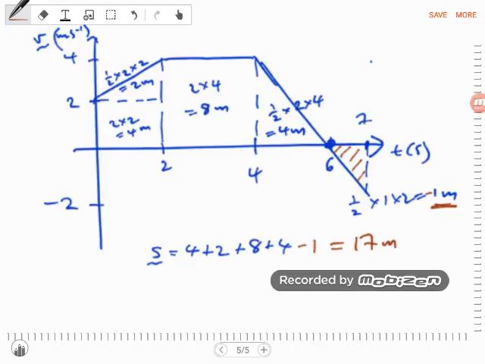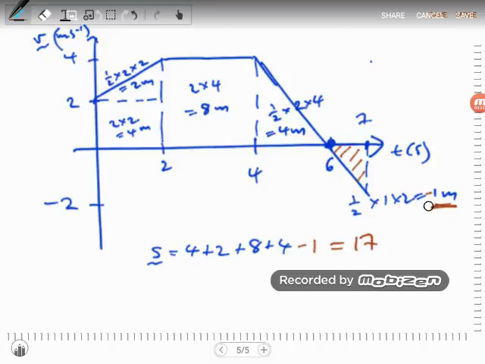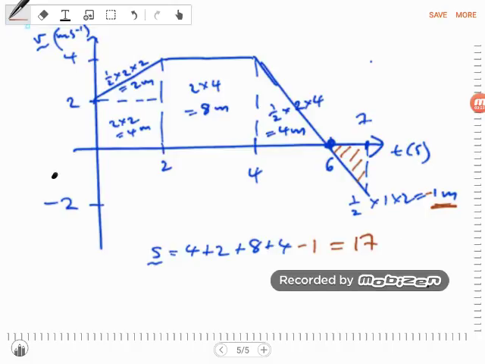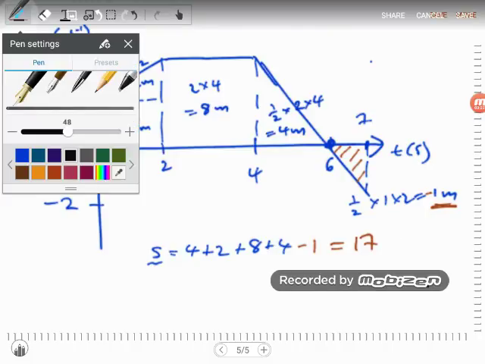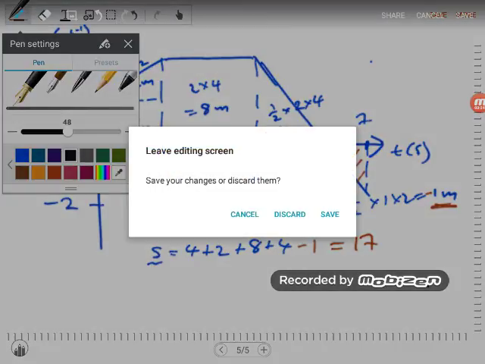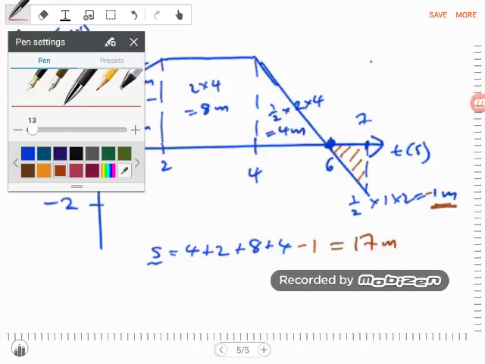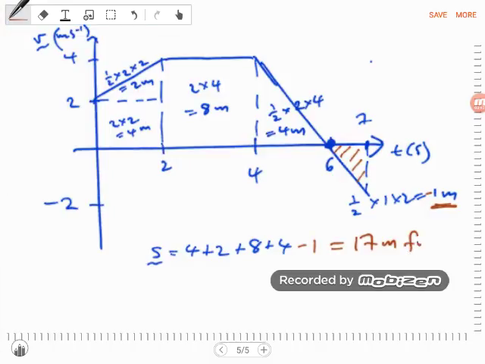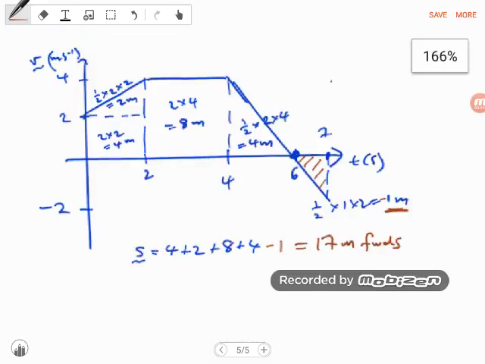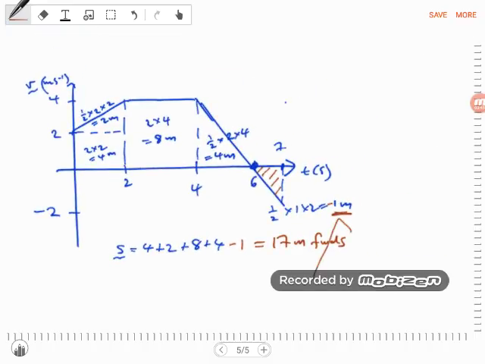With the direction, we can just say forwards. 17 meters forwards. That's the answer for part A.